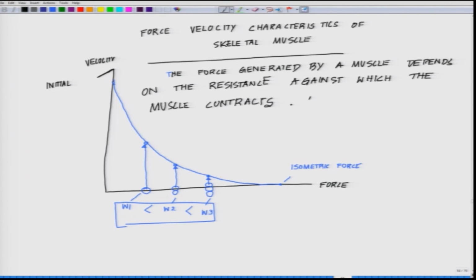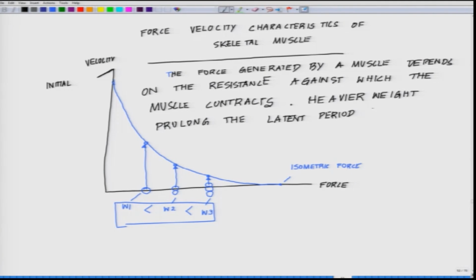Now, heavier weight prolongs the latent period, and we have talked about the latent period earlier. Okay.